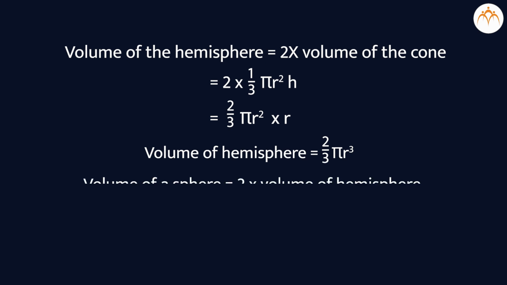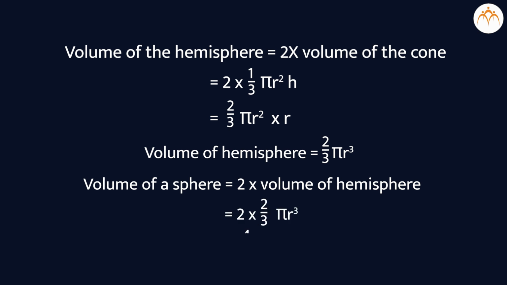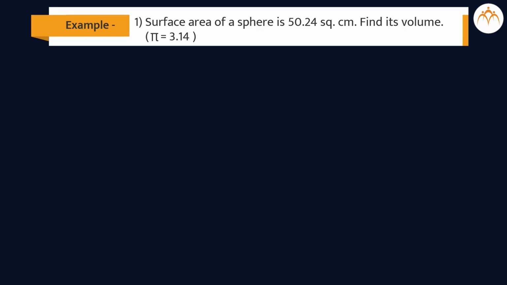That means volume of a sphere is equal to 2 into volume of hemisphere, which gives us 2 into 2 upon 3 pi r cube, which is equal to 4 upon 3 pi r cube. I hope this formula is clear to you. Let's solve some examples to understand it more clearly.